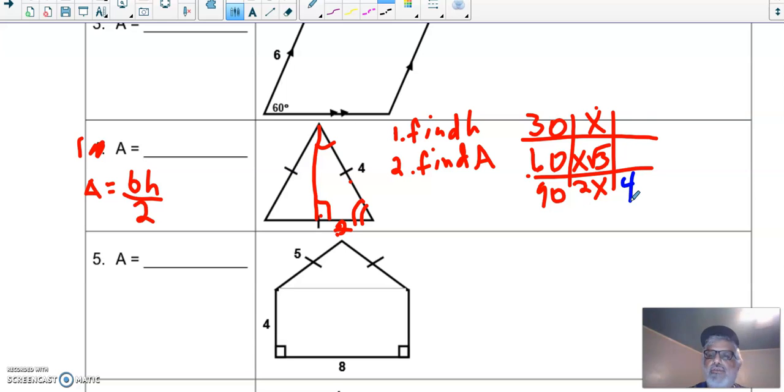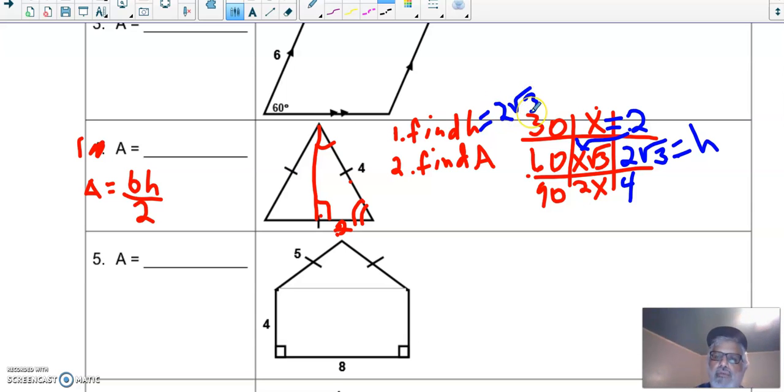Divide that by 2, which I already did. I get my 2. So this 2 is x. That's going to replace that x. So this height is 2 square root of 3, equal to h. So that means my h is 2 square root 3. And that's number 1 on the Google Classroom assignment.